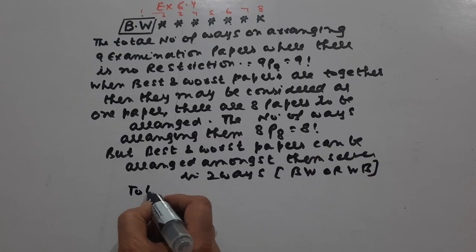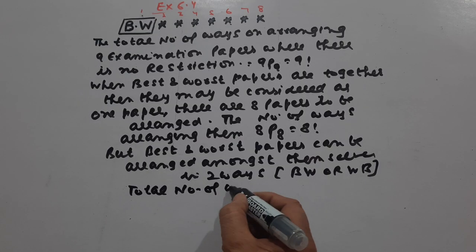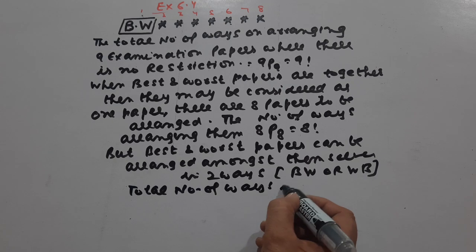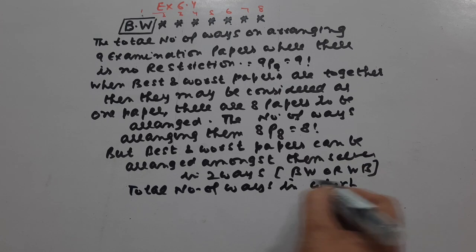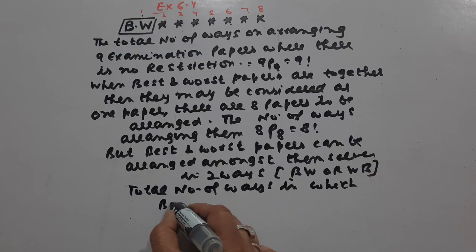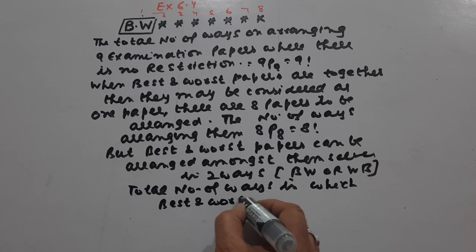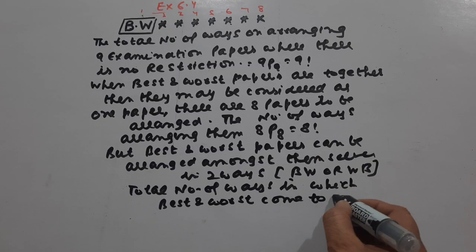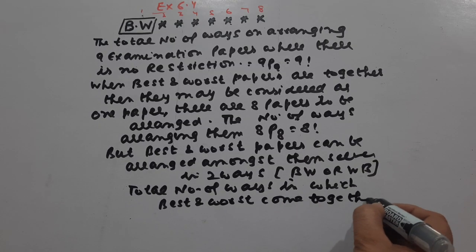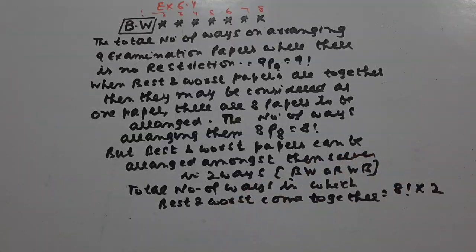So total number of ways in which best and worst come together equals 8 factorial into 2.